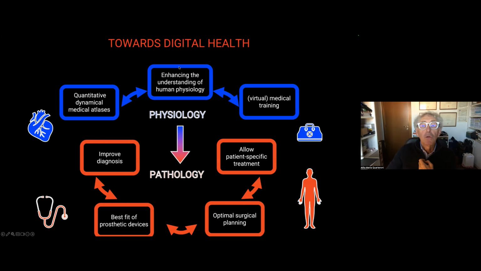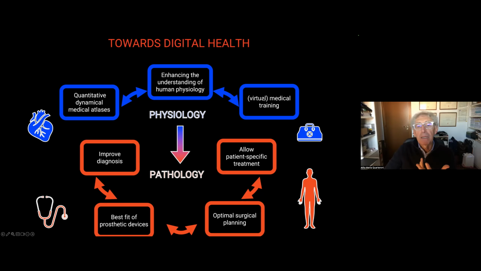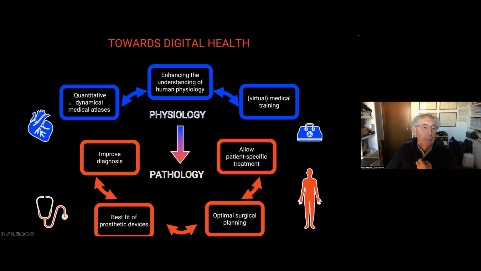I want to move toward what can be called digital health or digital medicine, and we would like to use these methods to have a better understanding of the physiology, right? Going from atlases which are static or stationary, which are made by drawings, to quantitative and dynamical atlases.